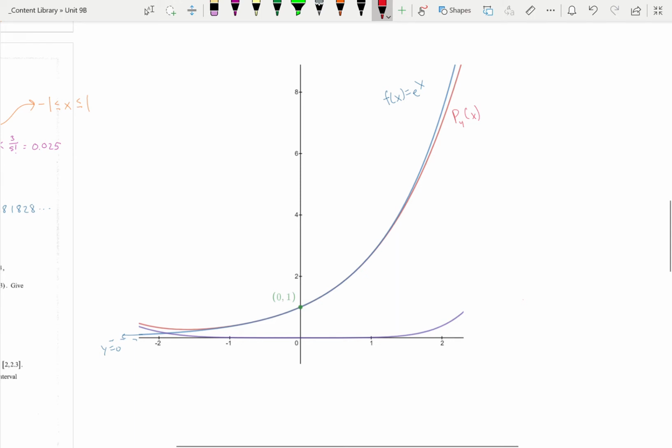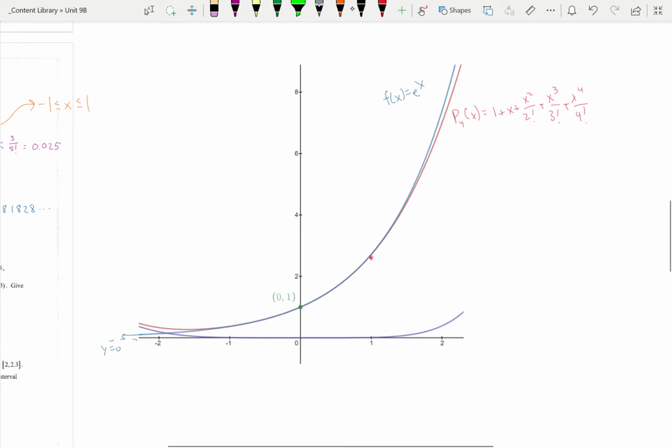And that one is the fourth degree Taylor polynomial centered at x equals 0. So that was 1 plus x plus x squared over 2 factorial plus x cubed over 3 factorial plus x to the fourth over 4 factorial. Now, we evaluated p of 1, right? So when we went up to here, we ended up at that point right there.